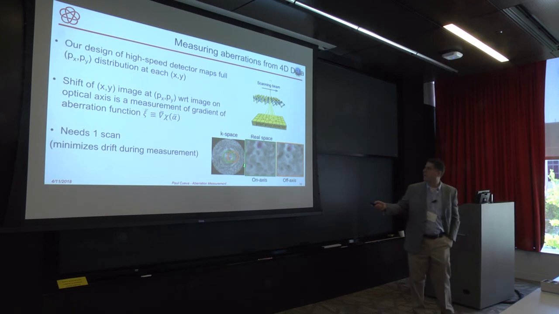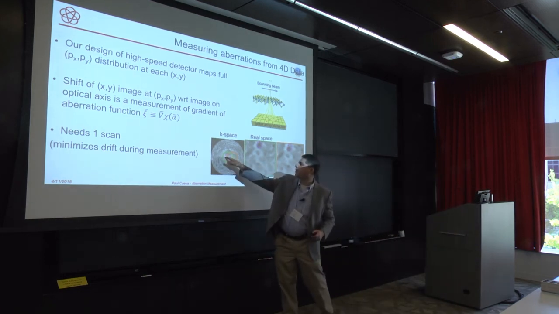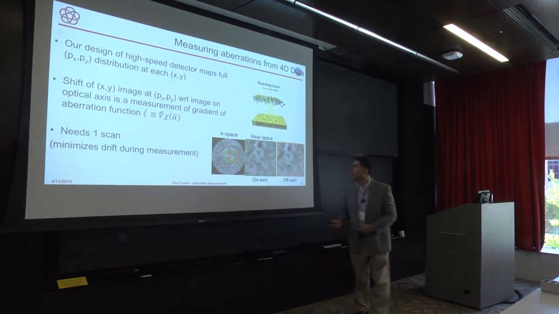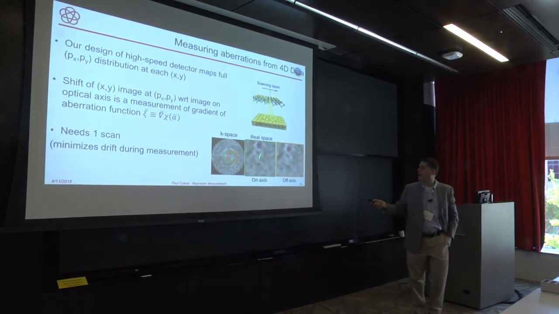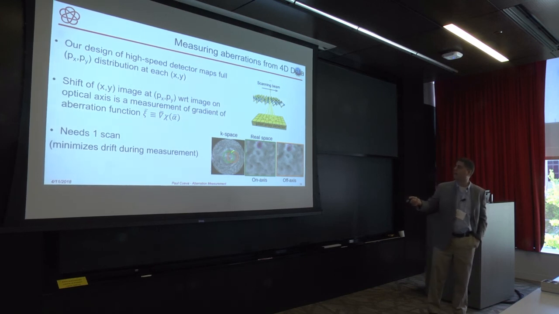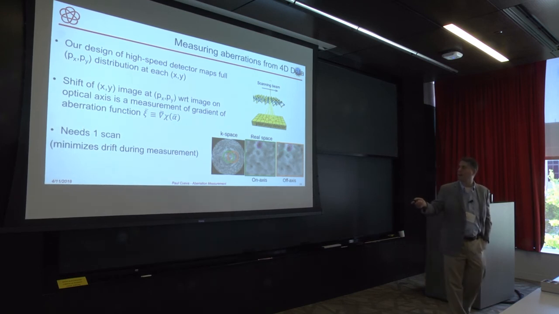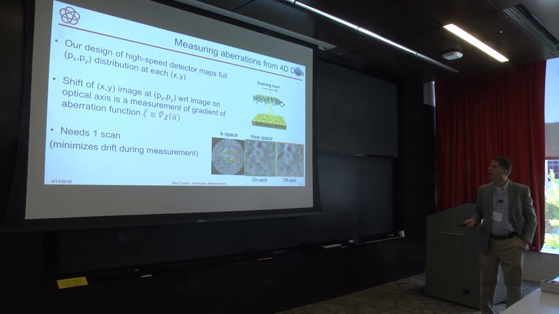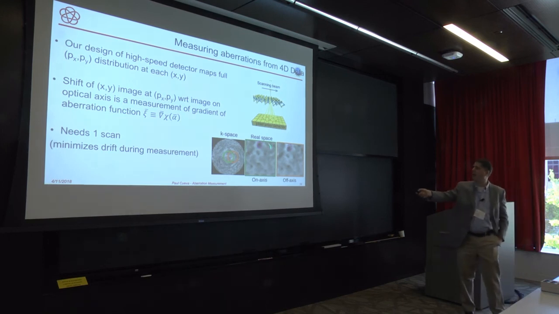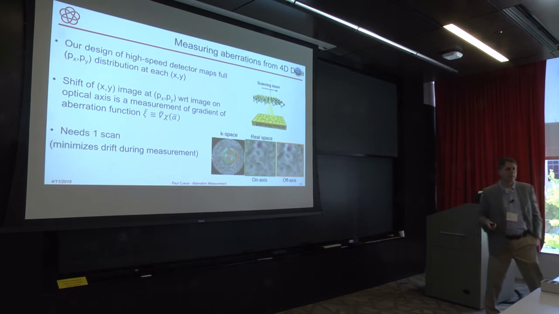So if I look at the detector in K space, and I sit at this particular pixel over here and scan the beam around, I will produce a real space image on axis. And if I look at another point and scan around, and that is a scattering angle that's off axis, then that image is shifted with respect to the first image, and that shift is related to the gradient of the aberration function. And so by doing one scan, I get all of the angles in the Zemlin tableau at once.